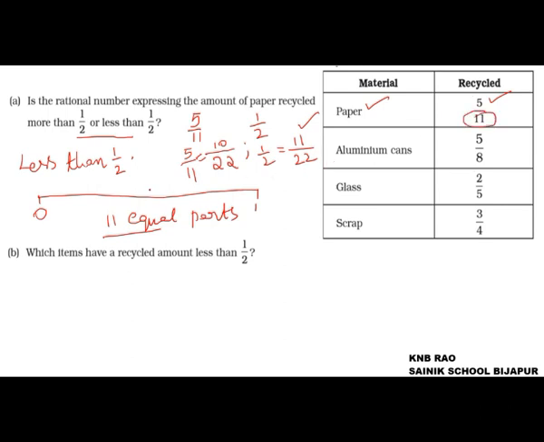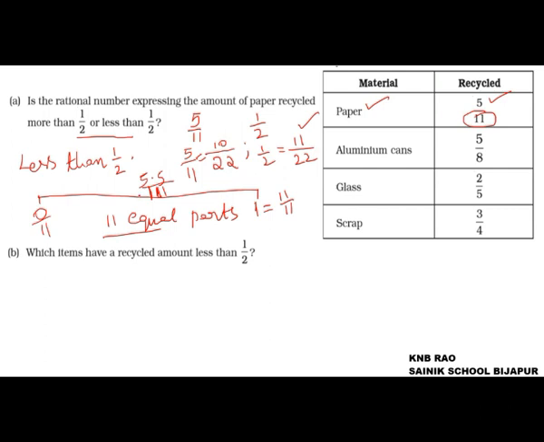There certainly in the center we will have half of this 11, which is 5.5. That means here I will have in the center 5.5 by 11, where 0 is written as 0 by 11, 1 is written as 11 upon 11, and in between that center will have 5.5 by 11, which represents half.